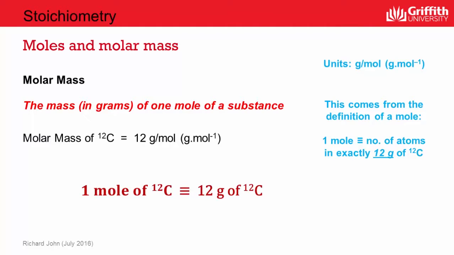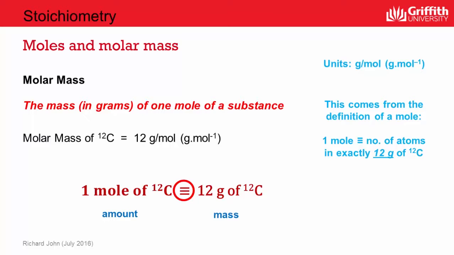So that definition provides that relationship. We've got a relationship here between the amount of matter, 1 mole of carbon-12, and the mass of matter, 12 grams of carbon-12. At this stage, however, this relationship is just an equivalency.